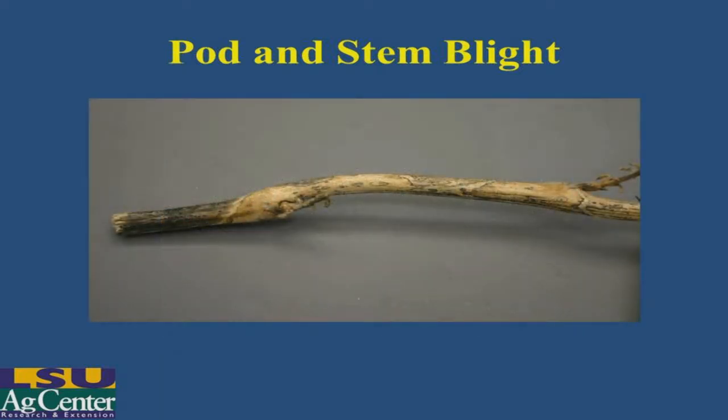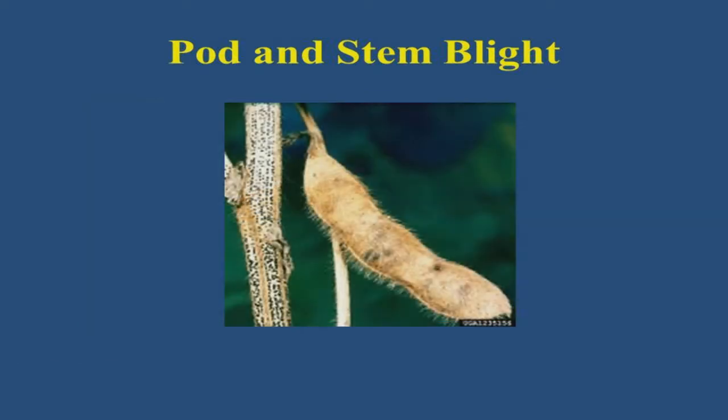In this particular case, on the extreme right side, you can see that there are pycnidia lined up in rows. And in this particular slide, you can see it better where there are pod symptoms, and then there are the stem symptoms or petiole symptoms where the pycnidia are lining up.